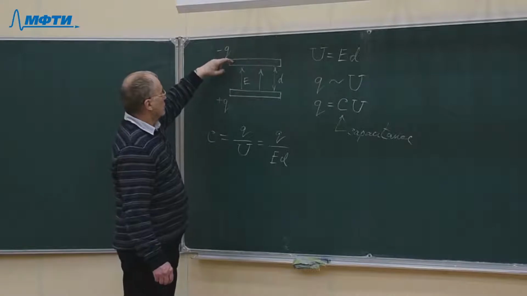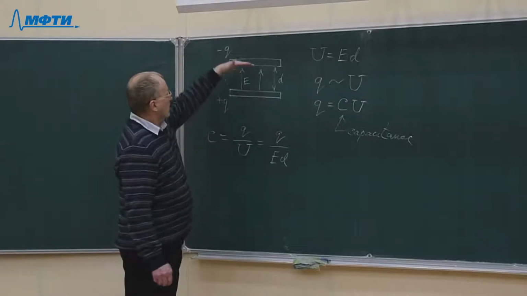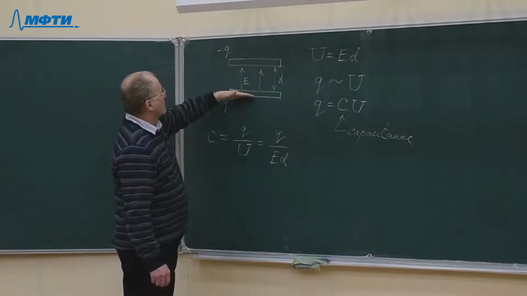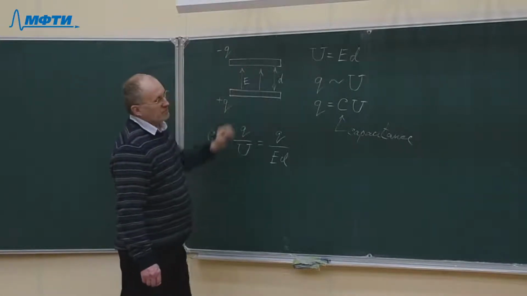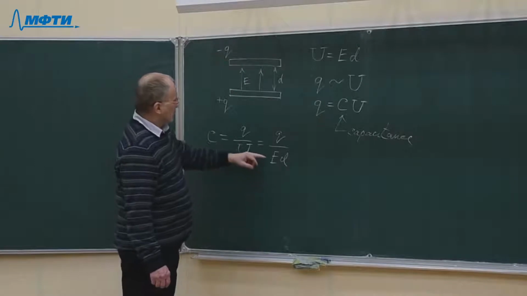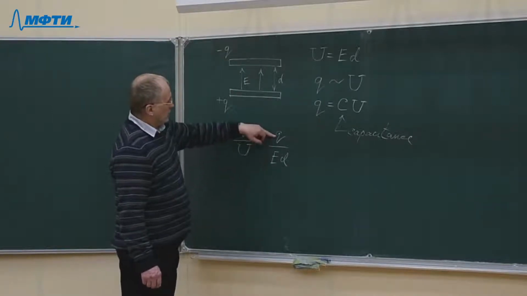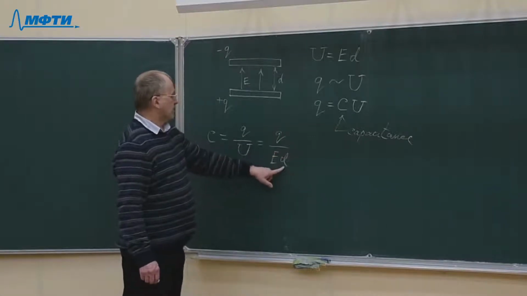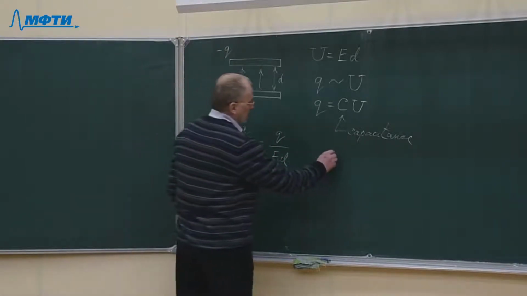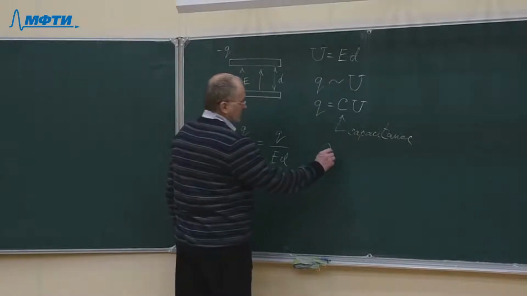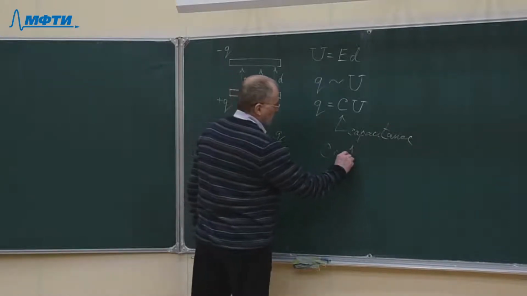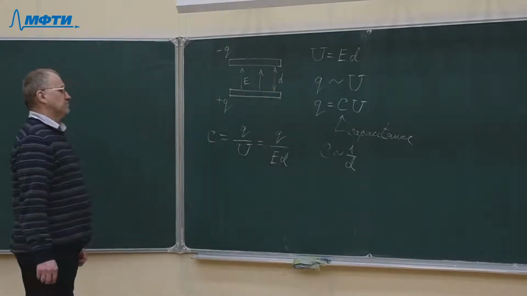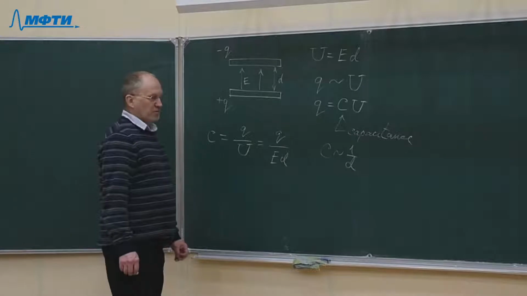The charge will remain the same. So if the charge remains the same on the upper and on the lower plates, then the field strength also will remain the same. The field strength and the charge will remain constant if we shift the distance a little bit. So from here we can derive that the capacitance is inversely proportional to the distance between the plates if all other parameters are kept constant.